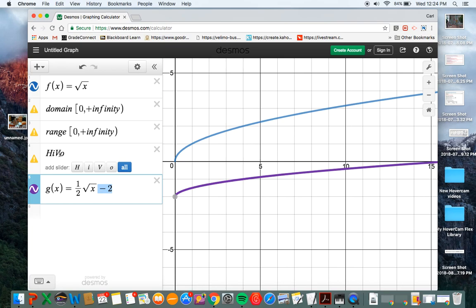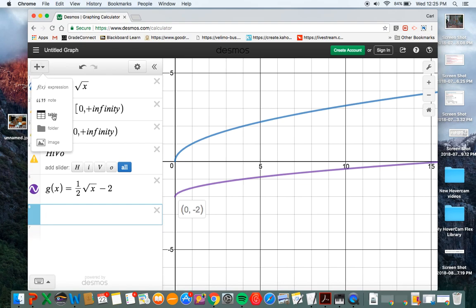Since V is representing vertical, a vertical shift up or down occurs on the outside of wherever x is. So we see that this is modified down 2 units. So there was a vertical shift. Let's make this a note. Vertical shift of 2 units.